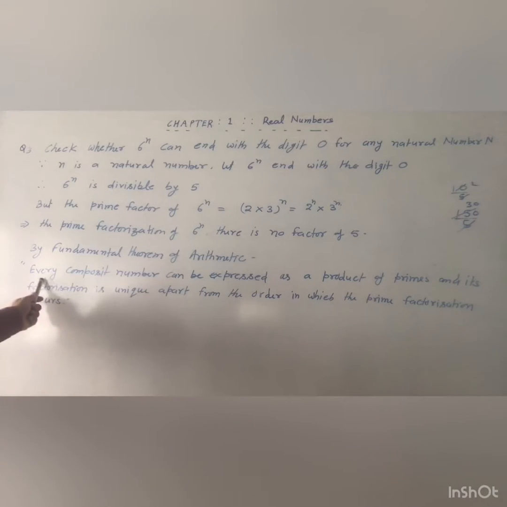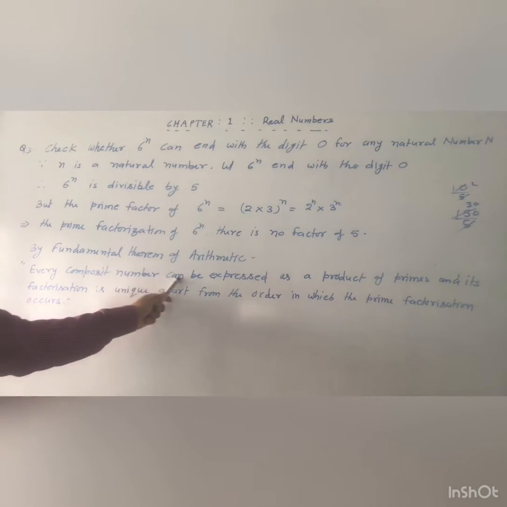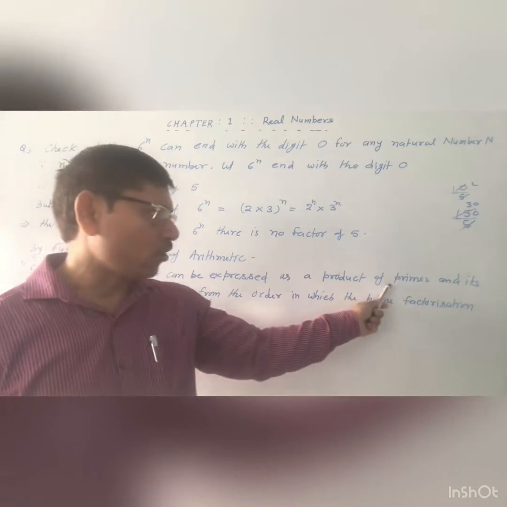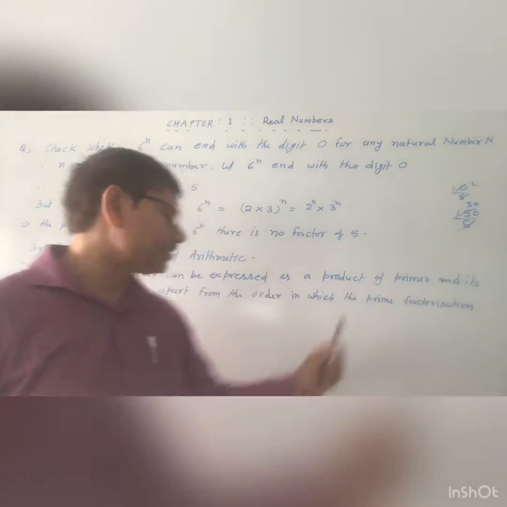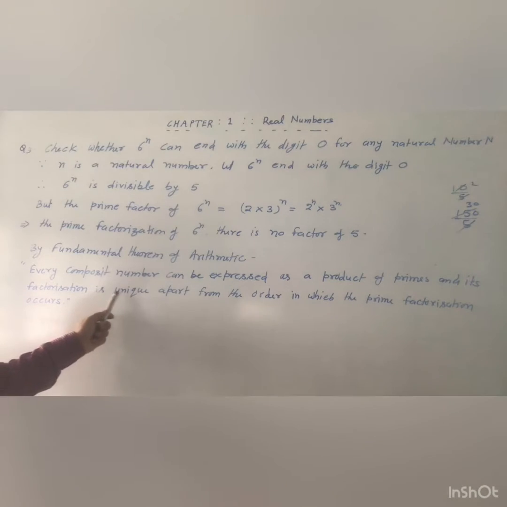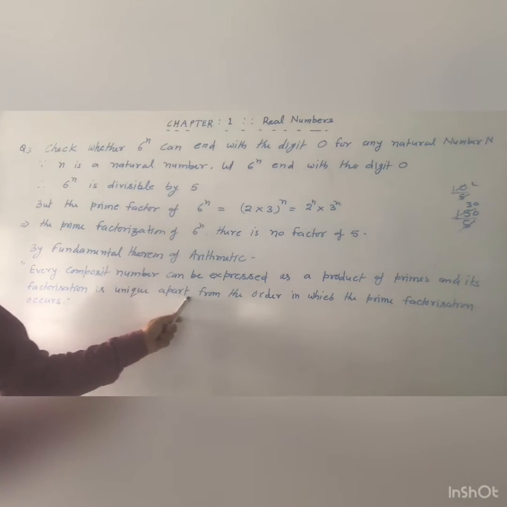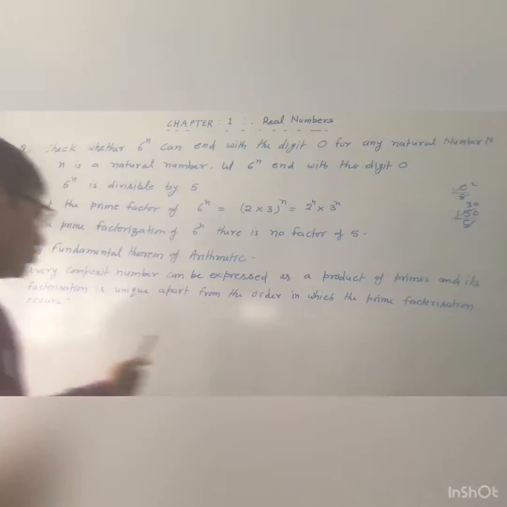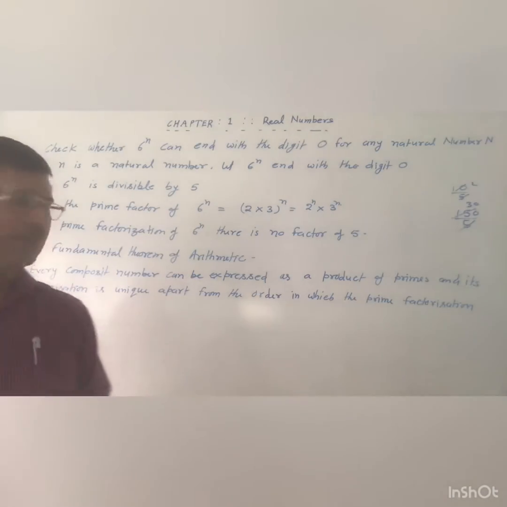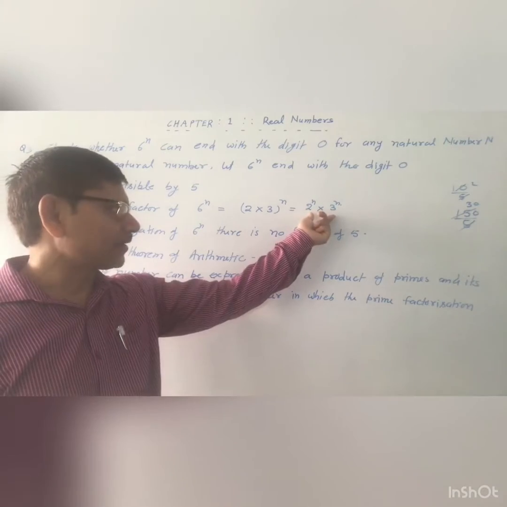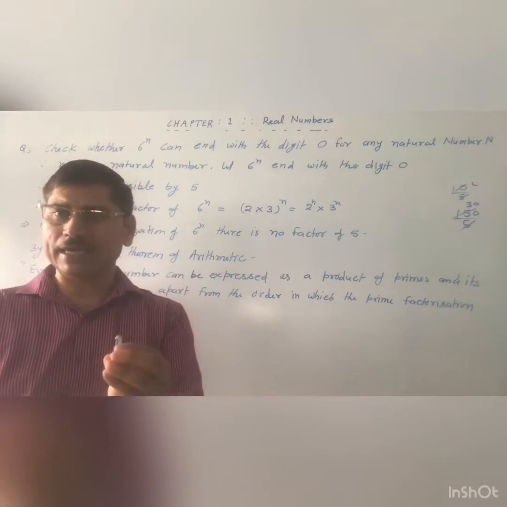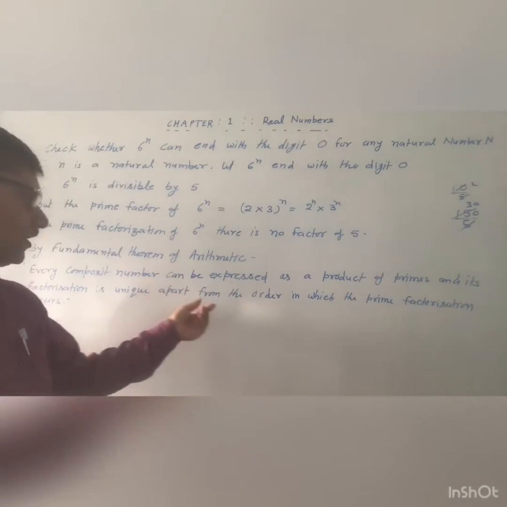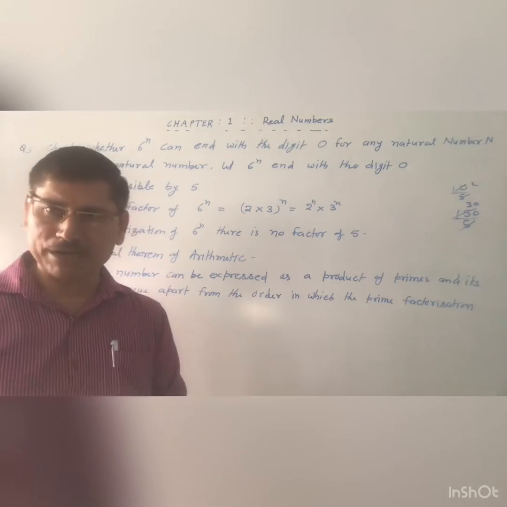That every composite number can be expressed as a product of primes and its factorization is unique apart from the order in which the prime factorization occurs. It means the factorization we got is unique; there will be no other factorization. So this is the fundamental theorem of arithmetic.